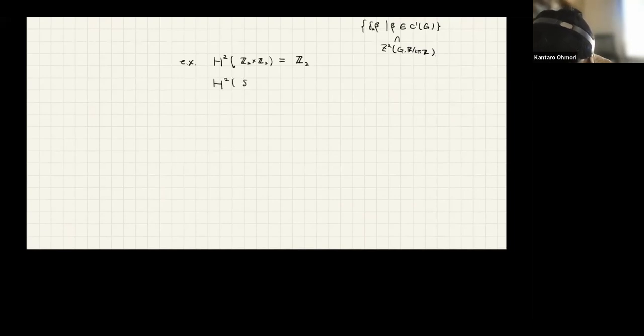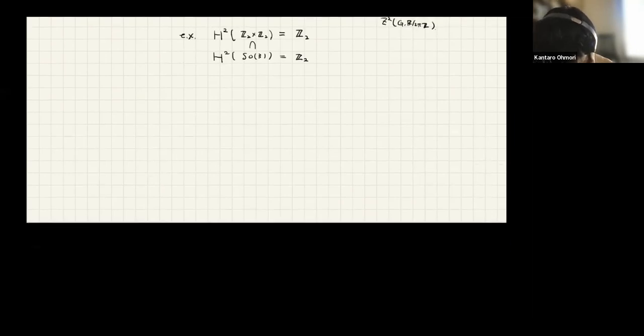H2 of SO3 is also Z2. And this is basically coming from the inclusion, or the other way down. Also, the group cohomology, well, this might be too trivial. This is 0.